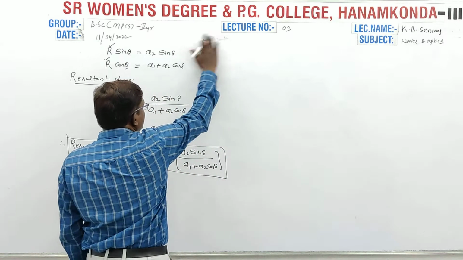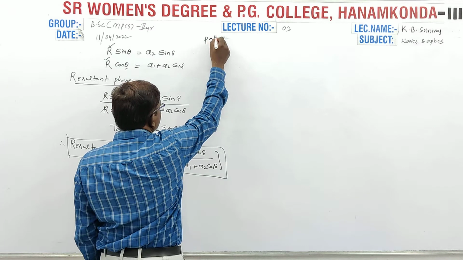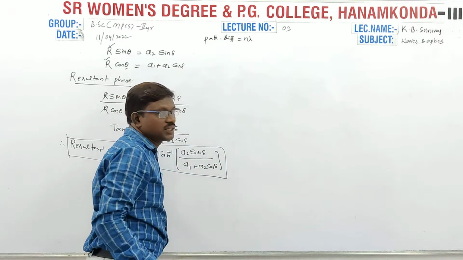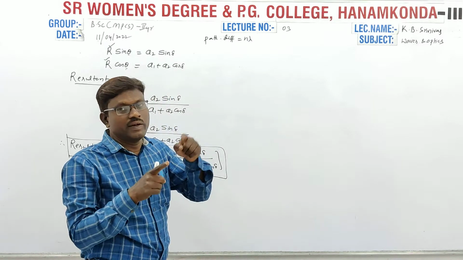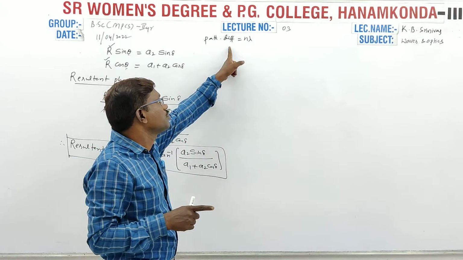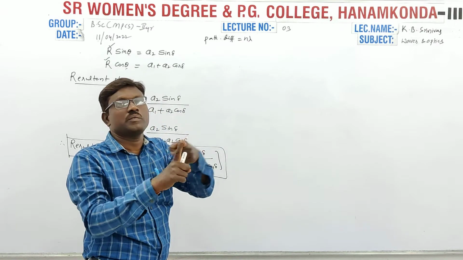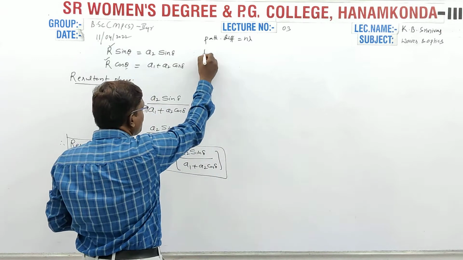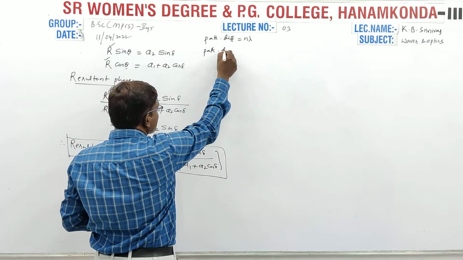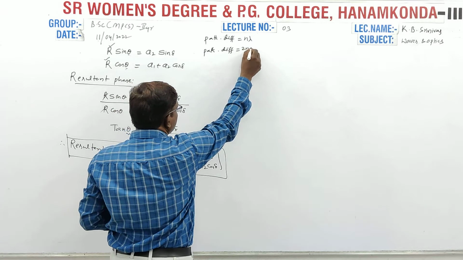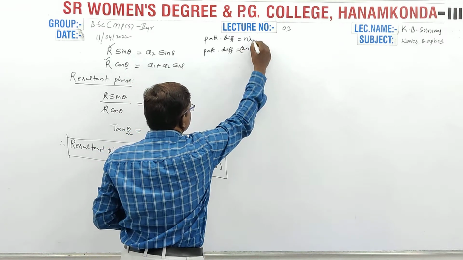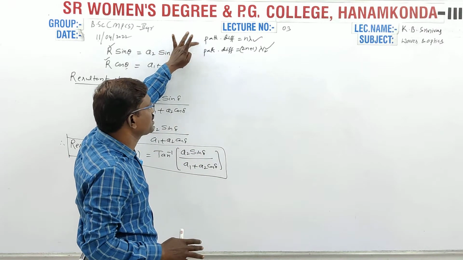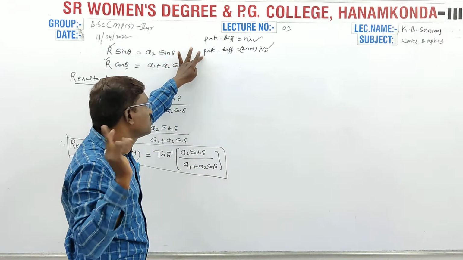What is the path difference between the two waves to get bright fringes? That is n lambda. When the two individual waves have this much path difference, after superposition between them, we get a bright fringe. We get a dark fringe when the path difference is equal to (2n plus 1) into lambda by 2. These are the two conditions to get bright fringes and dark fringes due to two waves.